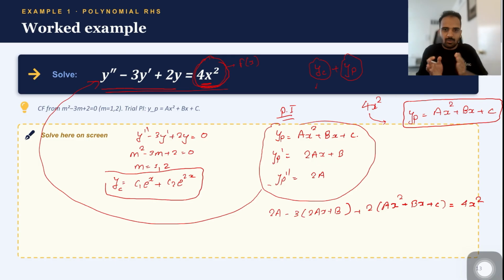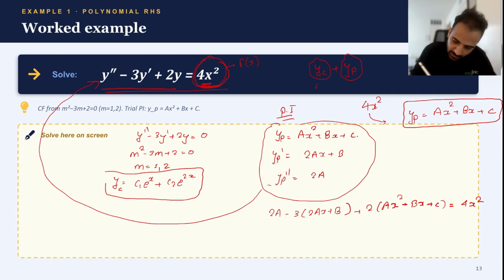Now equating the coefficients on the left hand side and the right hand side, you can find the values of a, b, and c. So to satisfy this equation, you have to compare the coefficients on both sides. On the left side, for x square you will have 2a as the coefficient of x square.